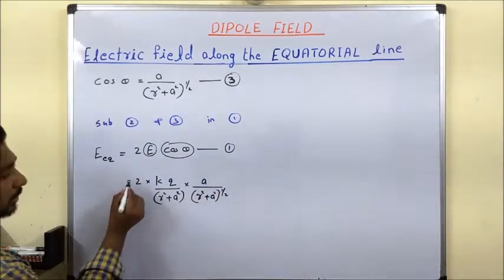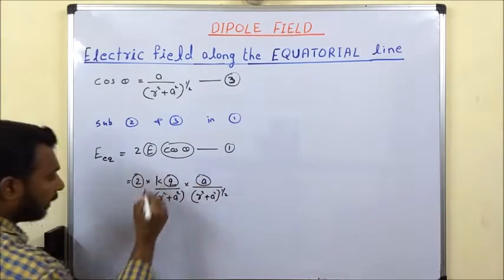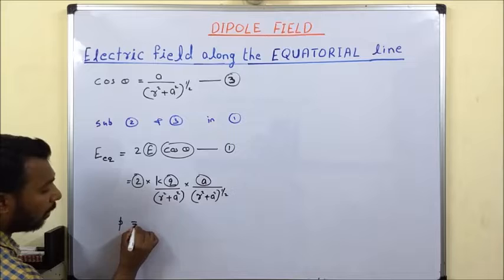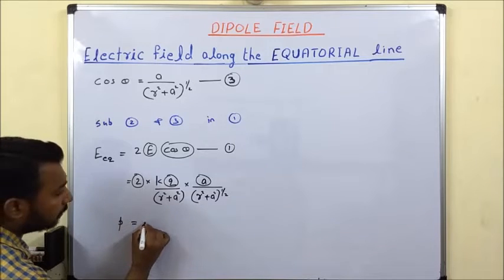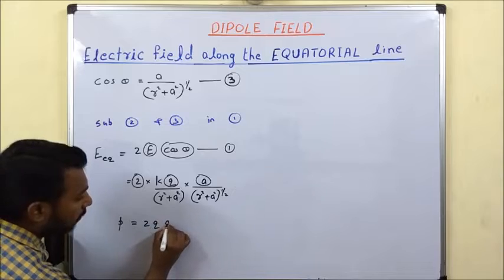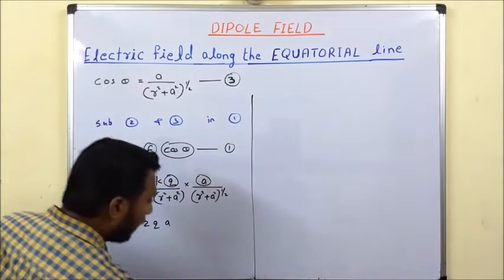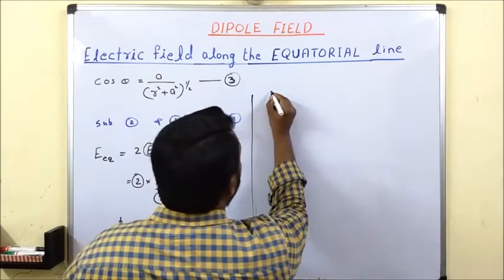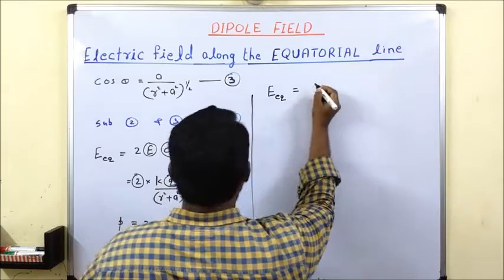Now look at this. 2QA. We know the dipole moment P, small letter p. P is equal to 2QA.